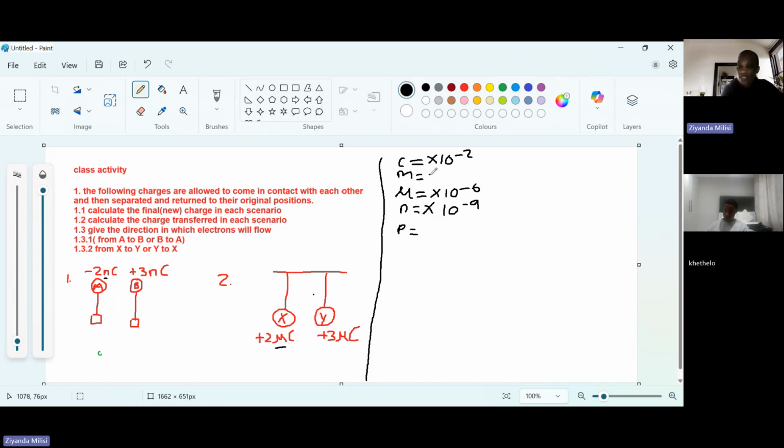If you see milli, it's times 10 to the power negative 3, which is the same as divided by 1000. Pico, where you see picocoulomb, it's times 10 to the power negative 12.